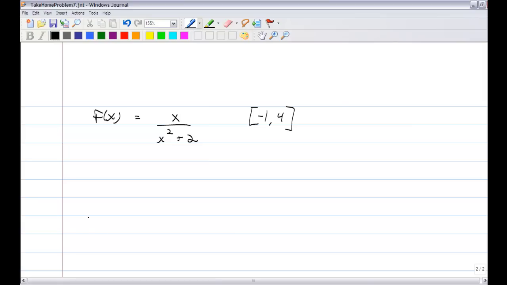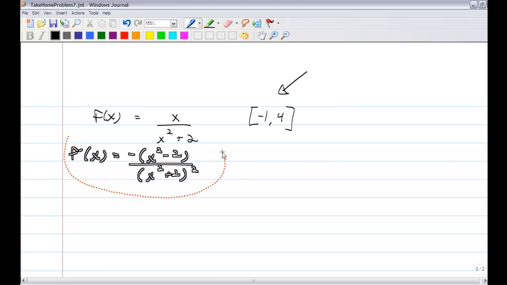So this is where we break f up on this interval, identify our critical points, break this thing into a bunch of different intervals, and describe where it's increasing and decreasing. So I already have my f prime: negative x squared minus 2 over x squared plus 2 squared.